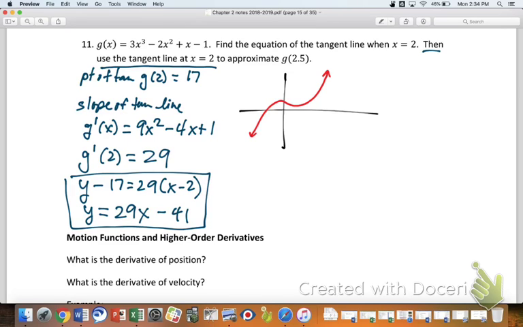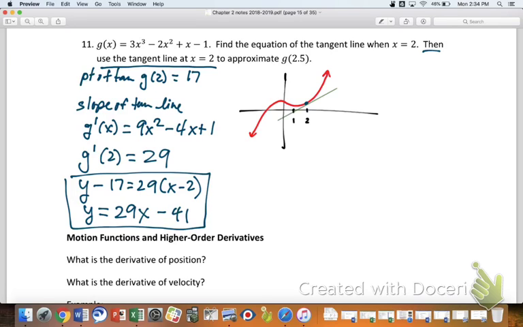So here is my point of tangency, let's say. Here is 1 and maybe 2, something like that. So if I sketched in my tangent line, my point of tangency would be here. I guess my vertical and horizontal scaling is way off because that's 2 comma 17, but whatever. Here is my tangent line, like so. Graphically, does this make sense?